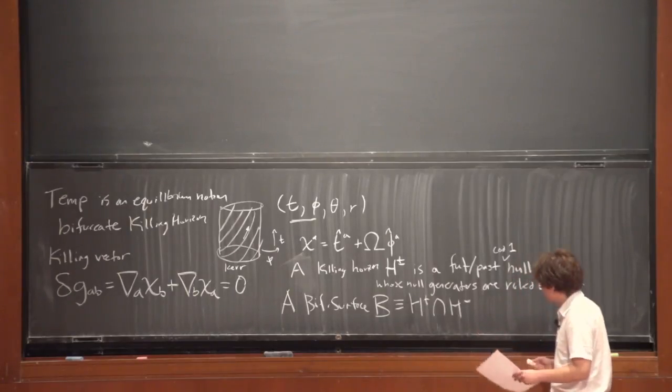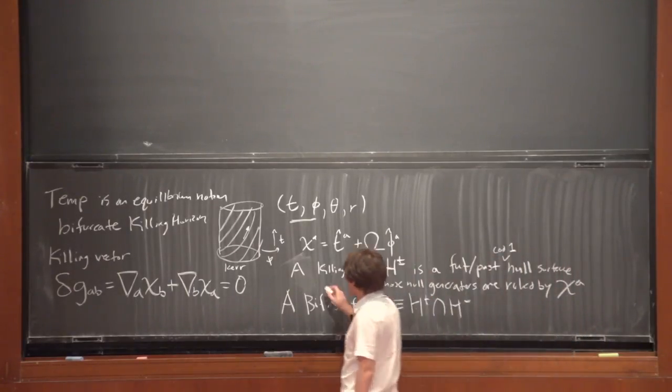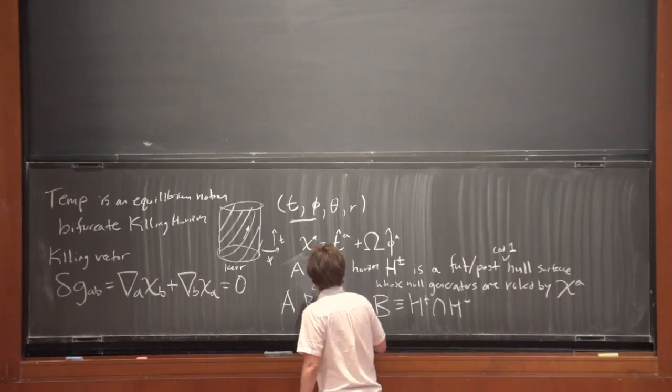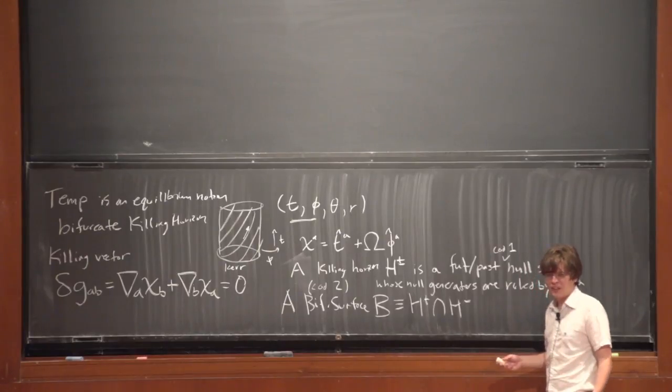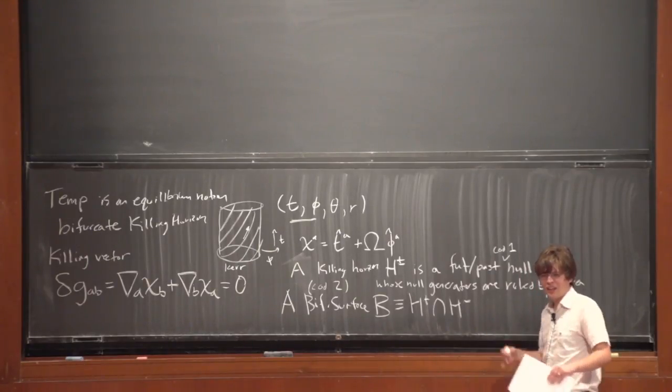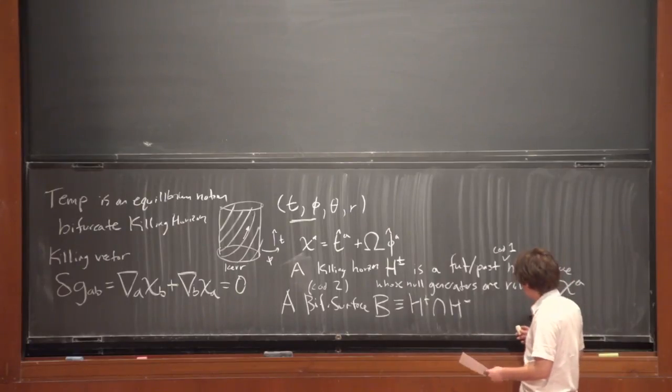And this is a point, or a codimension 2 surface, that is fixed by the Killing. It's a fixed set of points under the Killing symmetry.